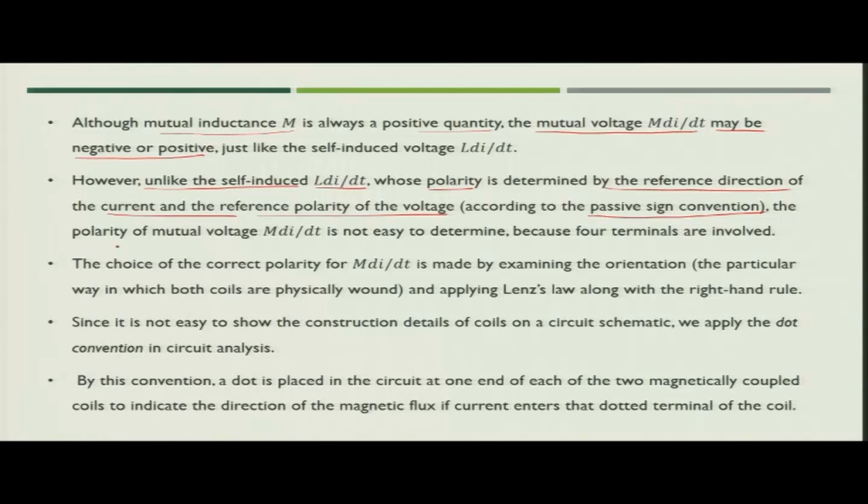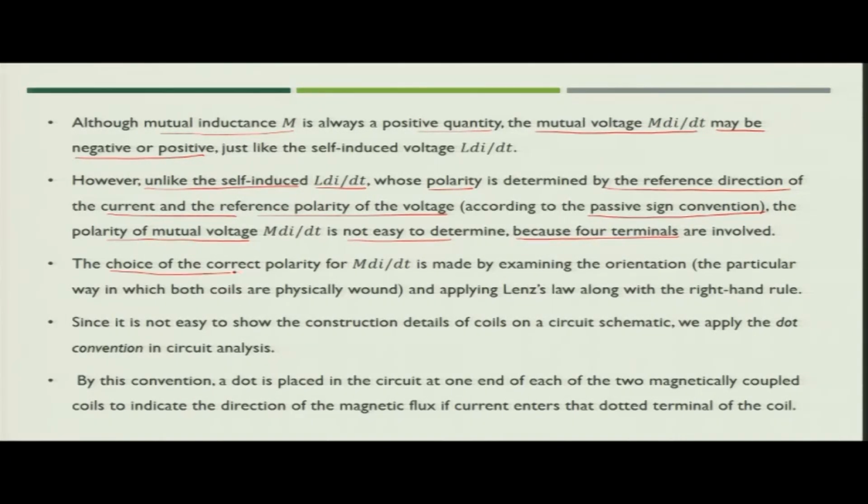Now, for the polarity of mutual voltage, that is M di by dt, it is not that easy, because it now involves 4 terminals. So, 2 terminals of coil 1 and 2 terminals of coil 2. Since we have 4 terminals, we cannot use the passive sign convention directly to find out the polarity of mutual voltage.